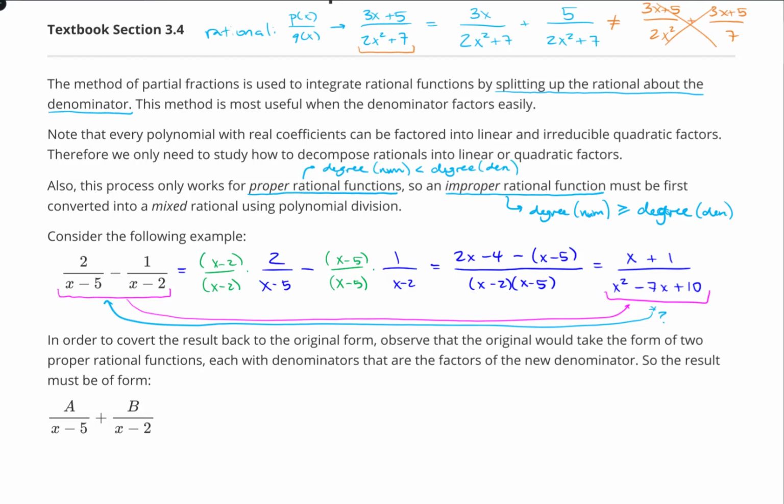The other thing to note is that the denominators of this original are the factors of this denominator over here. And that's actually a really big hint as to how we can go about this. If we can factor this denominator, which we should be able to, then we can take a guess at what the numerator is going to look like and try and solve for what it actually is.